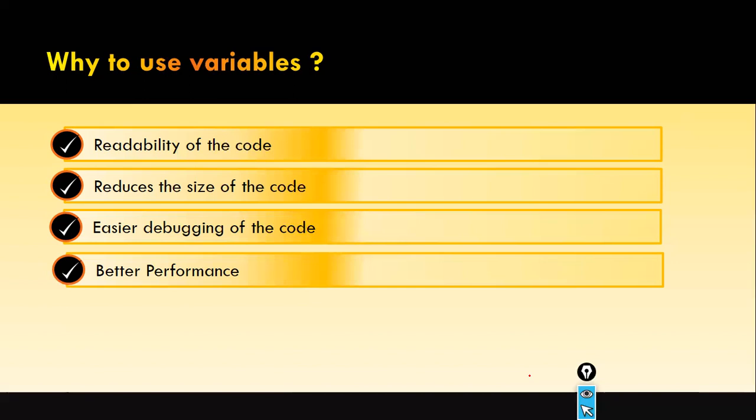To store the result of an expression with a name, so that you can use that variable name in the subsequent lines of your code wherever it is required, instead of using the expression itself. Because if you use the expression in your code redundantly, it is not in a readable form.